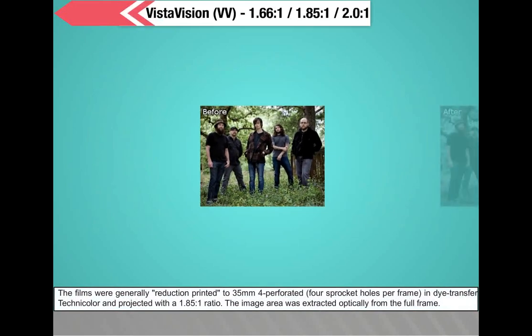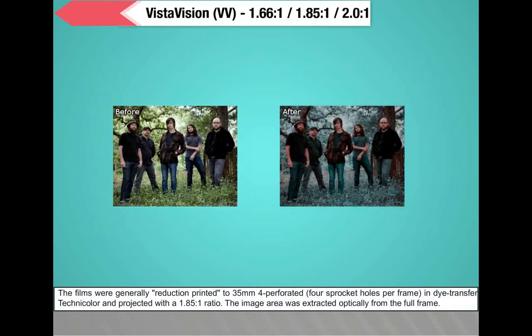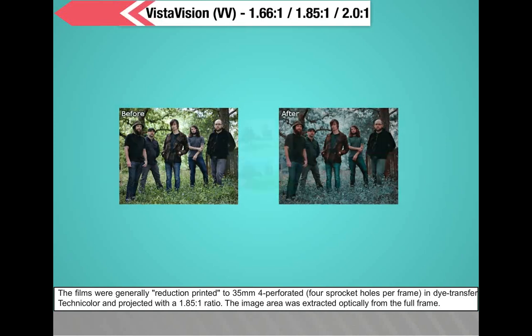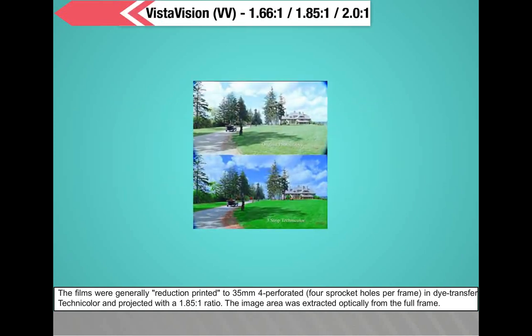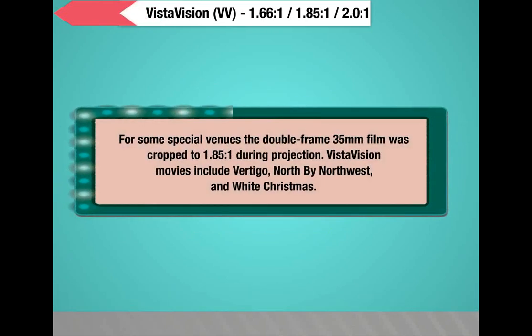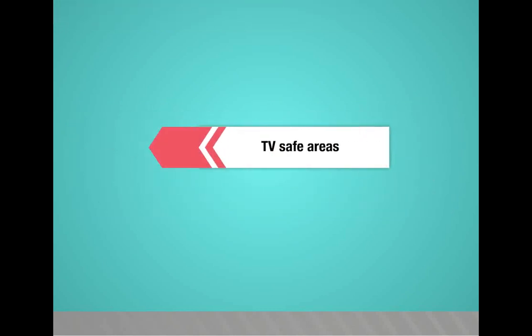The films were generally reduction printed to 35mm, 4 perforated, 4 sprocket holes per frame, in dye transfer Technicolor and projected with a 1.85:1 ratio. The image area was extracted optically from the full frame. For some special venues, the double frame 35mm film was cropped to 1.85:1 during projection. VistaVision movies include Vertigo, North by Northwest, and White Christmas.